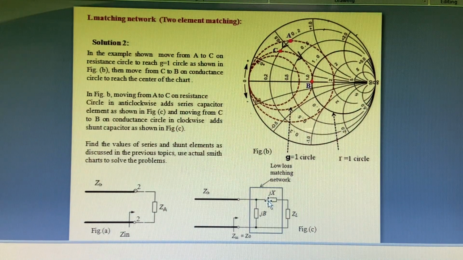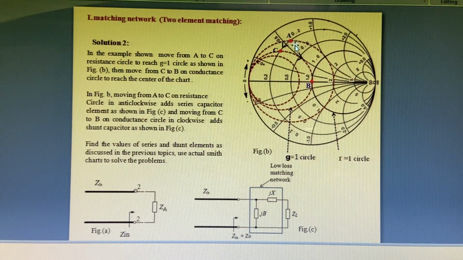First we add a series element moving from A to C, then moving on the conductance circle, G equal to 1 circle, in the clockwise direction, you get a shunt element, again a capacitor. So like that the impedance will be equal to the characteristic impedance, it is a matched condition. This is the second solution. Like that, two solutions we can have for this impedance.